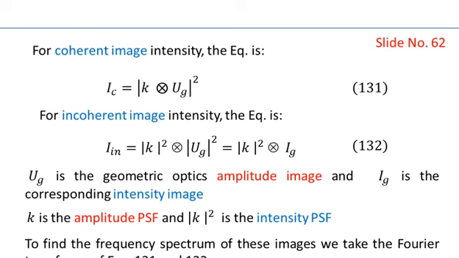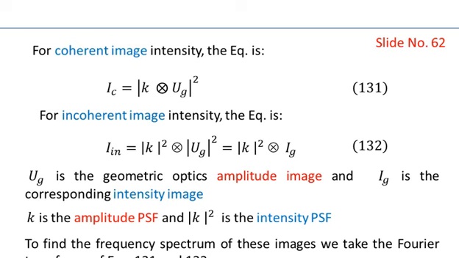And for the incoherent imaging system, the equation is I_I, where I in subscript stands for incoherent, the incoherent intensity on the left hand side, equal to the convolution between the absolute square of kappa and the absolute square of the amplitude image, that is, mod kappa squared convolved with mod U_G squared, or in other words, mod kappa squared convolved with I_G. What is I_G? I_G is the geometric optics intensity image. So equation number 132 gives you the formation by which the intensity images can be recorded.